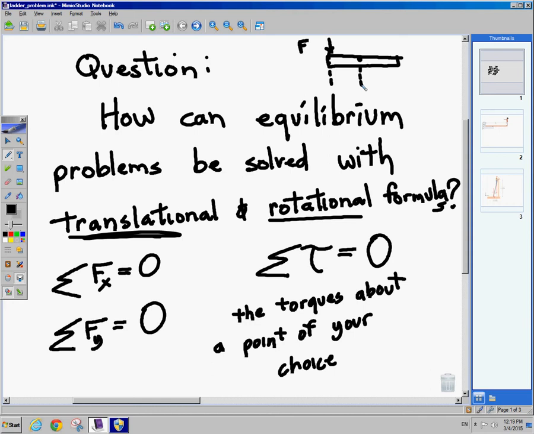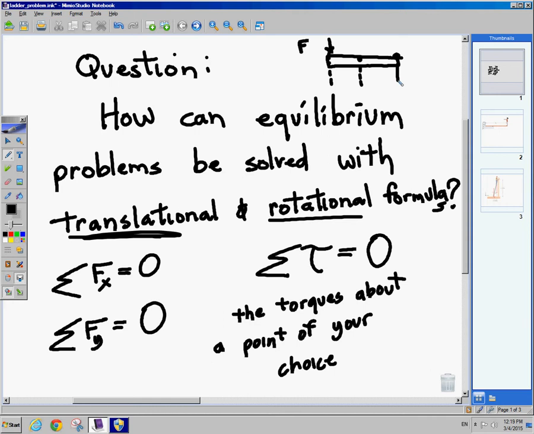If you were considering all the different torques about a point over here at the end, then it would be the force times the length of the whole beam distance. So if it's in rotational equilibrium, you can pick any point on that beam, and if you analyze all the torques, they should all balance out. The torques going clockwise should be equal to the torques going counterclockwise.